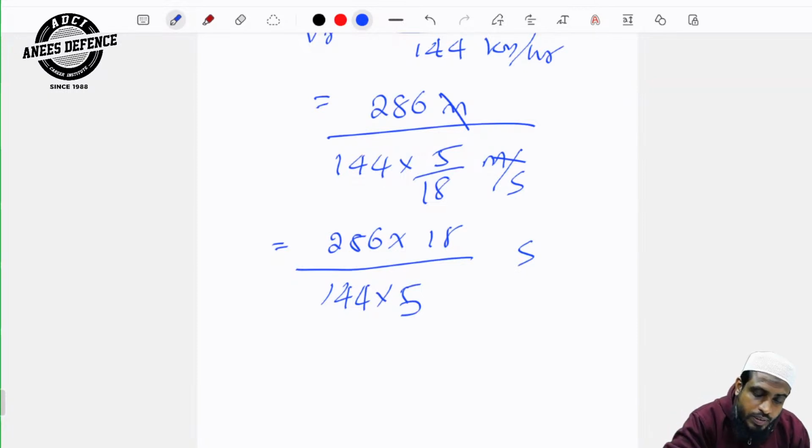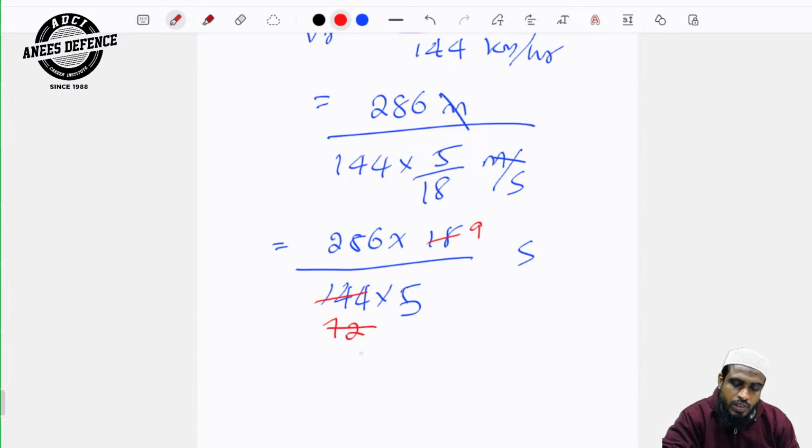Okay. We have to cut 9 into 2, 7 into 2, 2 into 2. This is actually 8 into 9, and this is 1 into 9. 9 into 8 is 72. So this cuts.